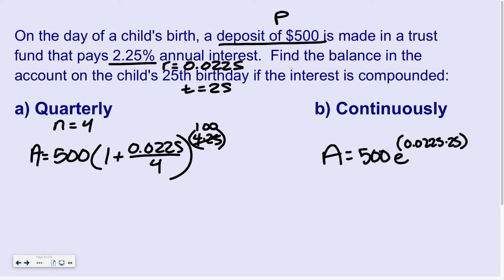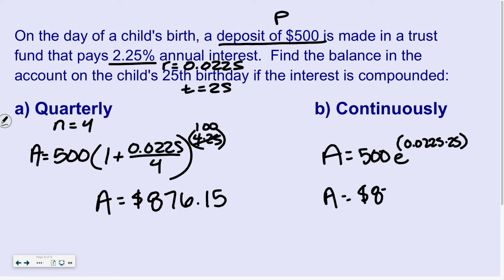Okay, so can anybody give me the answer for A? I think it's 870.15, okay, and then this one is 877.53. Everybody got that one for me?